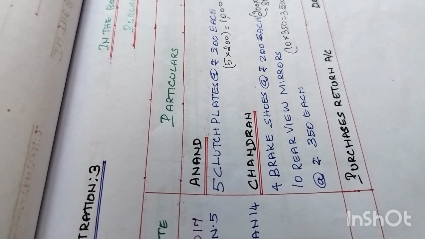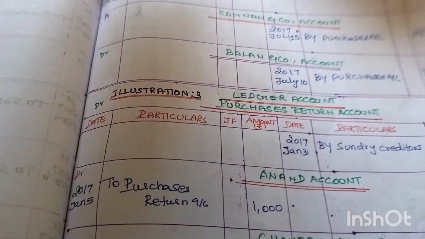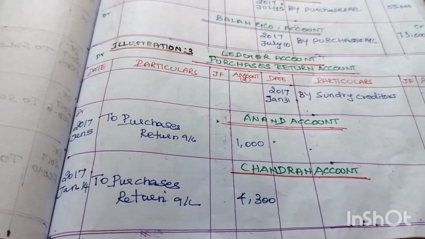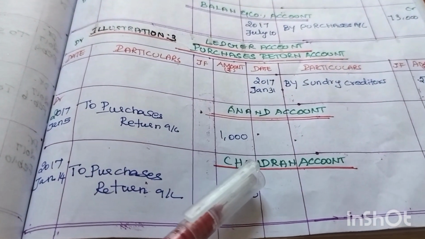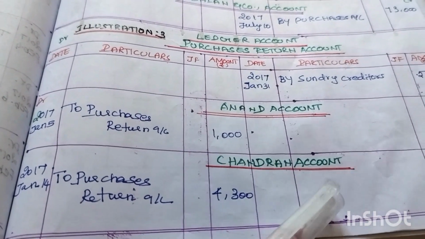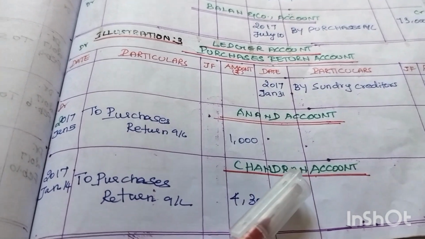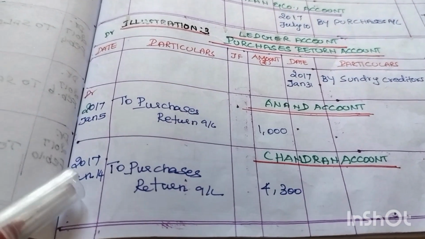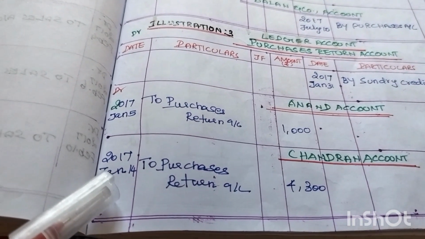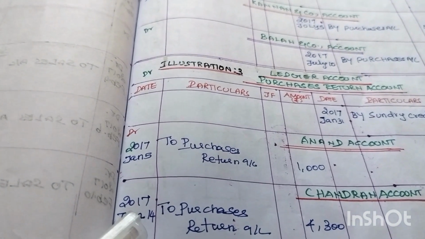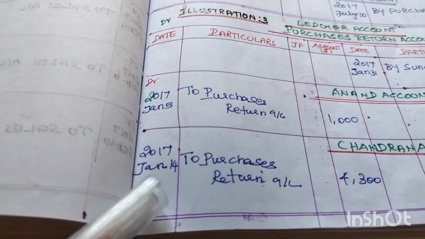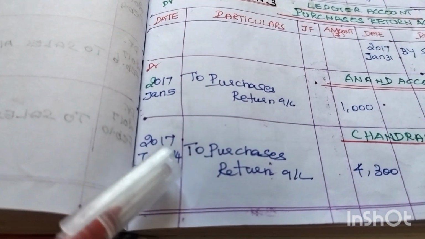Listen carefully. Okay. Come to the ledger account. So first you write the name of the account on the top middle of the ledger, that is Chandran account. Where does Chandran account appear on the journal? Chandran account appears on the journal on the debit side. Dated on, when did you return goods to Chandran? That is on January 14, 2017.